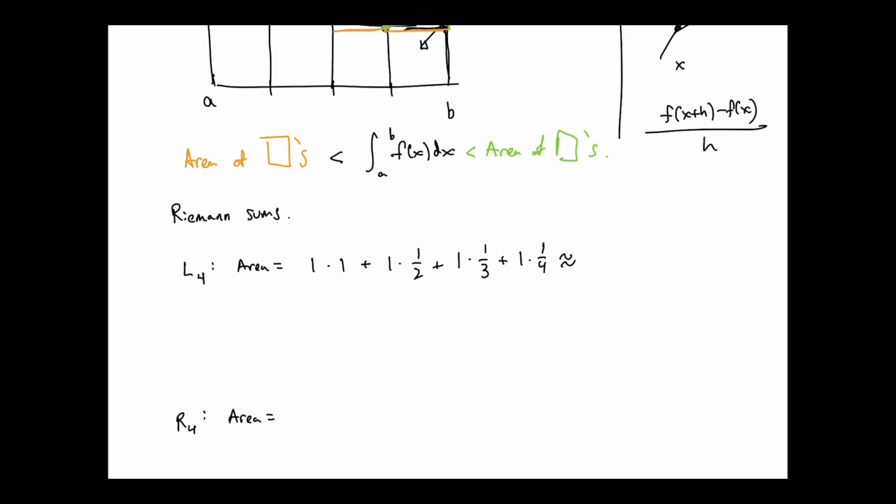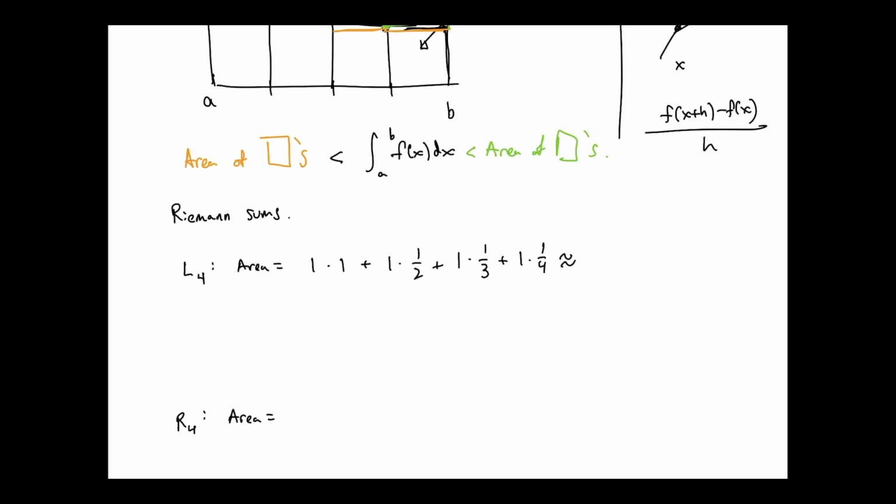All right. So what'd you guys get for the left-handed version? So this was the top one. So first off, do you guys agree that the area would actually be this formula? The width of each rectangle in this case was 1. That was convenient. And then what were the heights? 1, 0.5, 0.33, and 0.25, right?